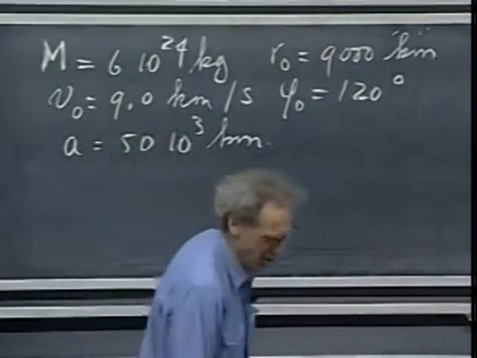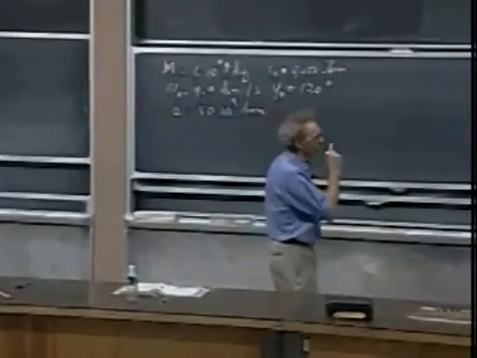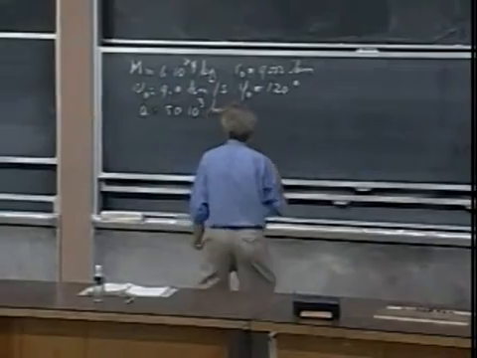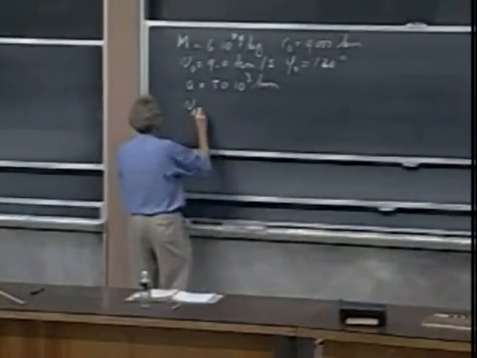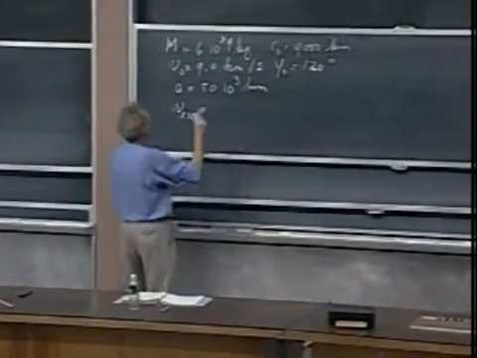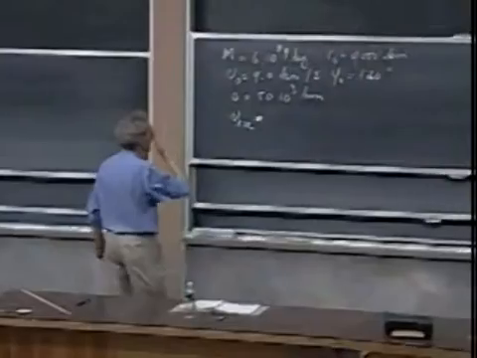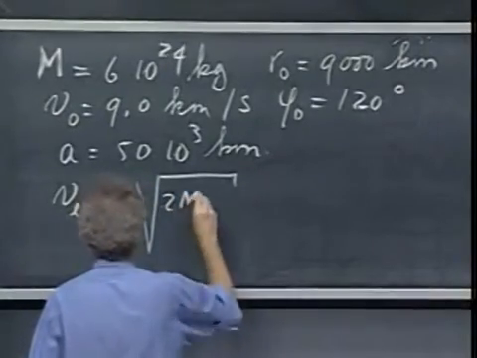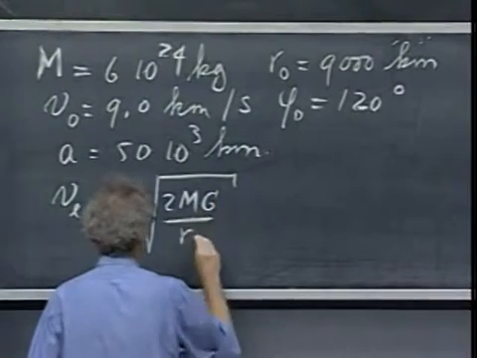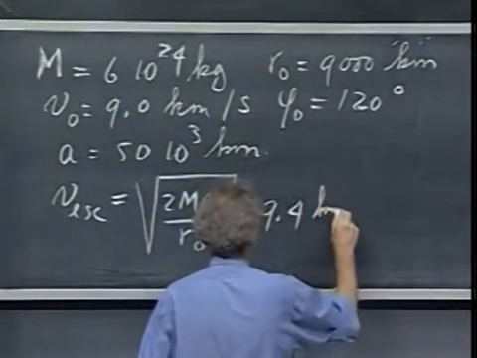Why is that so large? Well, the answer lies in evaluating the escape velocity. The escape velocity of this little mass when it is at position D, for which these are the input parameters, is the square root of 2MG divided by r0. And that is 9.4 kilometers per second.